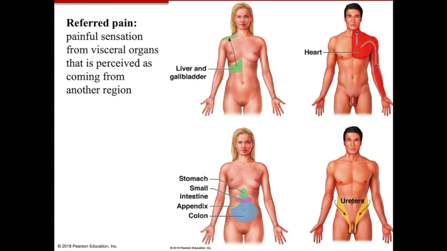The classical example is the heart attack. A heart infarction will borrow C fibers, so the spinal roots of C nerves, and therefore the pain can be felt all the way from the arm to the neck.